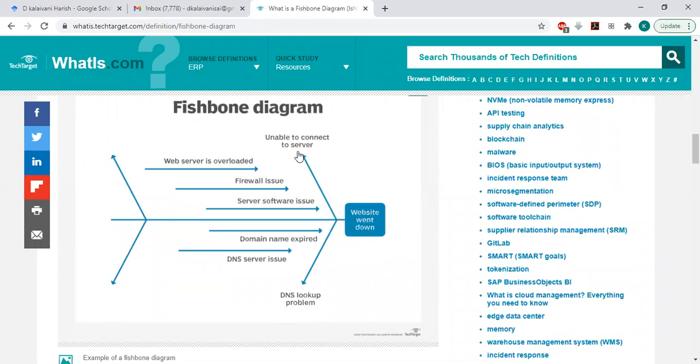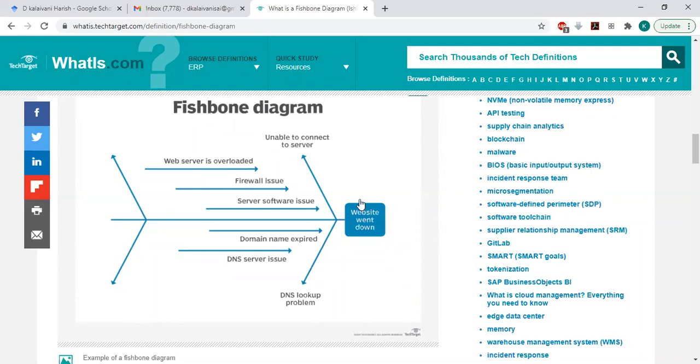But beyond this, there can be sub causes also. The website is overloaded. When you say network, we are not able to connect, you can say the web server is overloaded. Firewall issues, software issues. On the other side, on the domain side, you can see the domain name was expired, the domain name server issues.